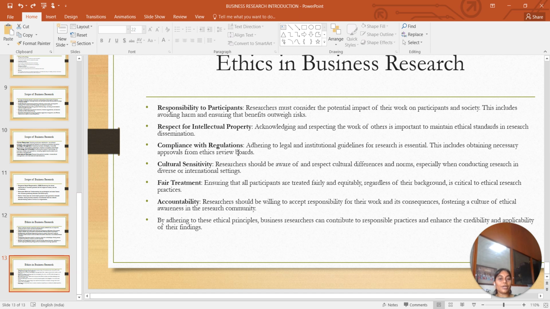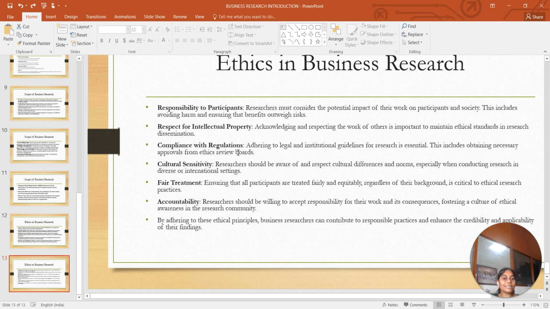And fair treatment, ensuring all the participants are treated fairly and equally regardless of their backgrounds, is crucial to the ethical research practices. And accountability. Researchers should be willing to accept the responsibility for their work and its consequences, fostering a cultural or ethical awareness of the research communities.